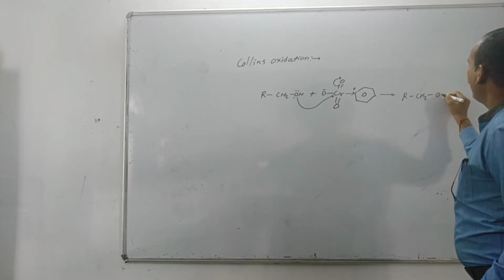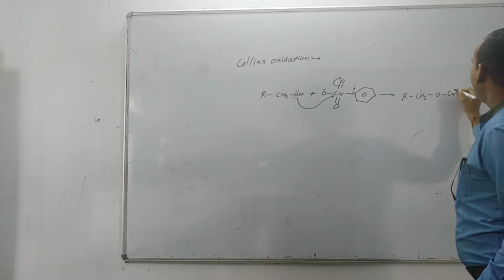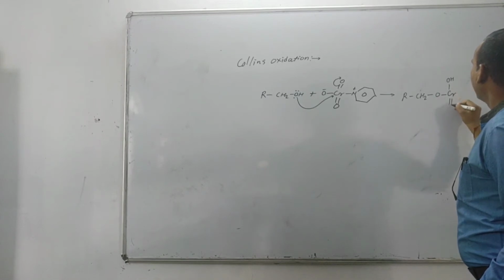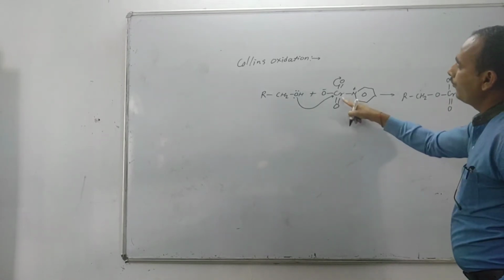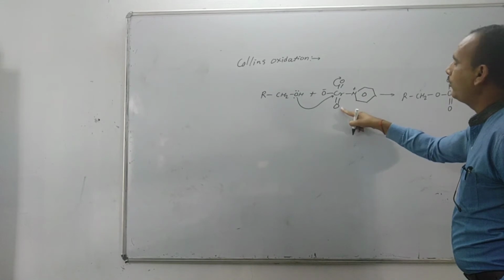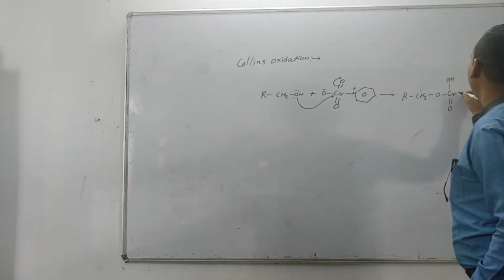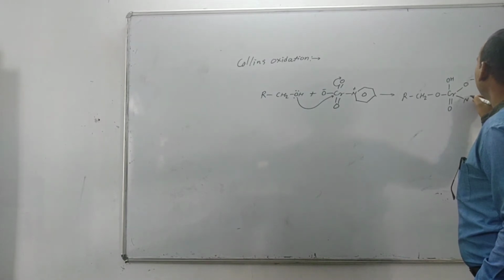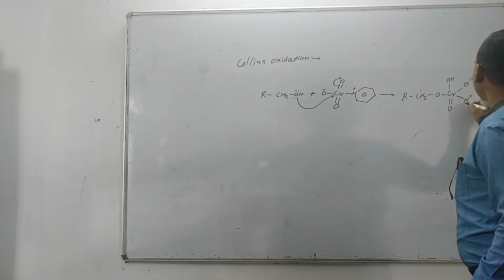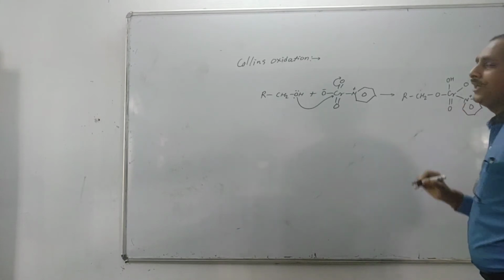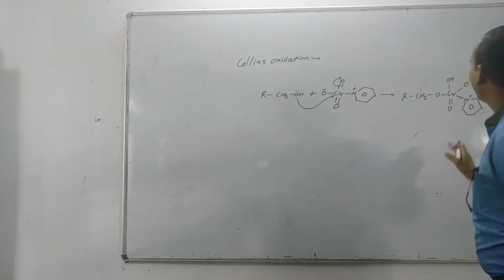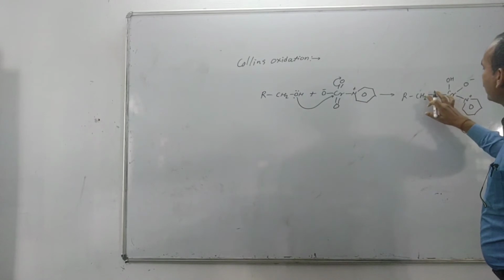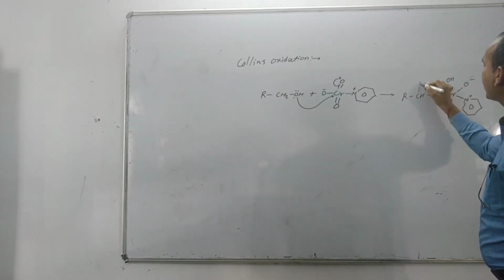It gives RCH2OCr OH or one Cr double bond O, and again there is one O minus and there is N plus, pyridinium ion. Okay, then this O minus takes the proton from this carbon.